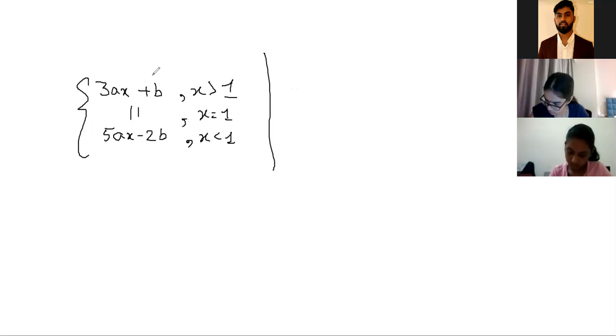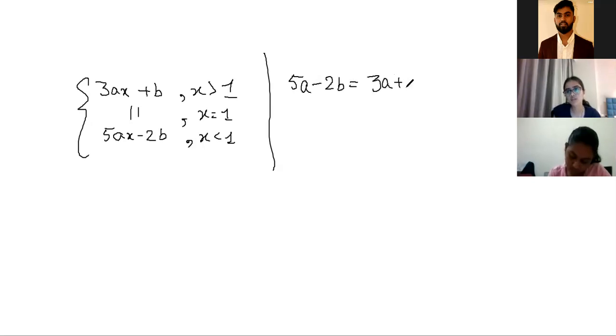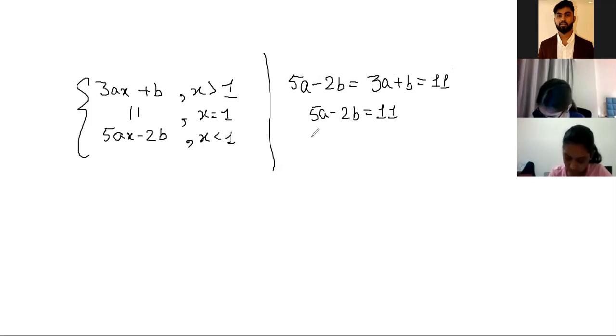So simply, we had two equations. This will be 5a minus 2b then. The last thing that I had written on the last page was this. So we will have two equations from here. 5a minus 2b equals 11 is one equation, and 3a plus b equals 11 is the second equation.